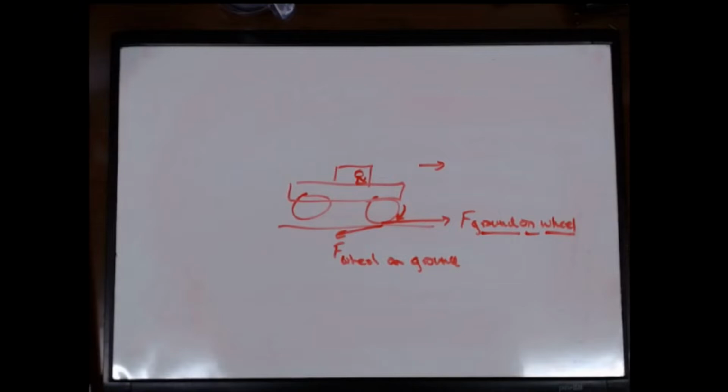And so even though all that is initiated by the engine and by you stepping on the gas, what really happens is the tire pushes backward on the ground and the ground pushes forward on the tire. And that's what causes the car to move. So all the cars you see going down the highway are being pushed forward by the ground.